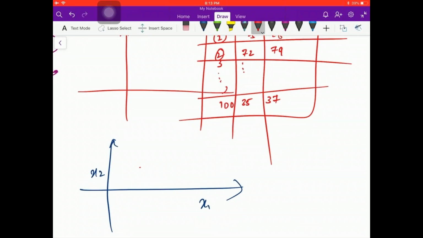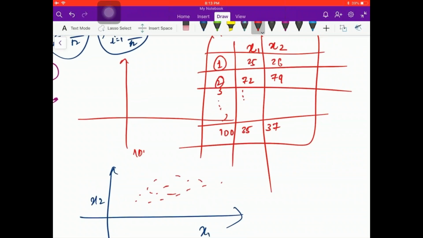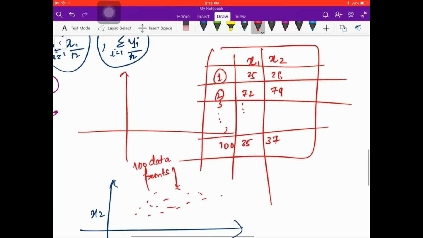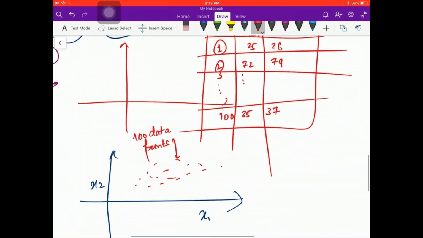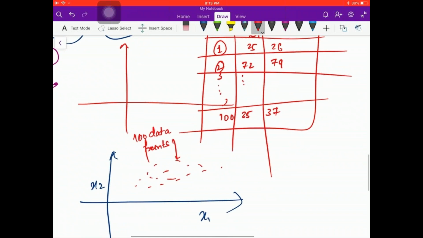So your data points will come here. These are the 100 data points. You have just plotted, right? Any confusion till now?